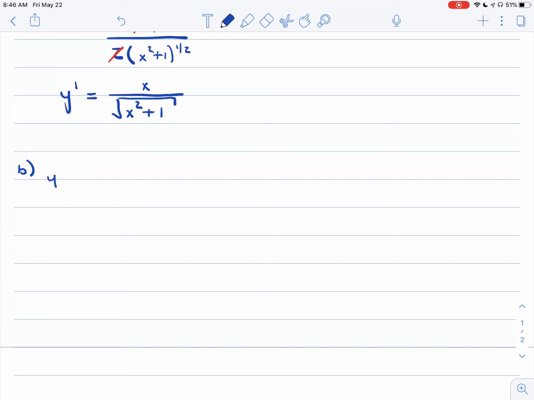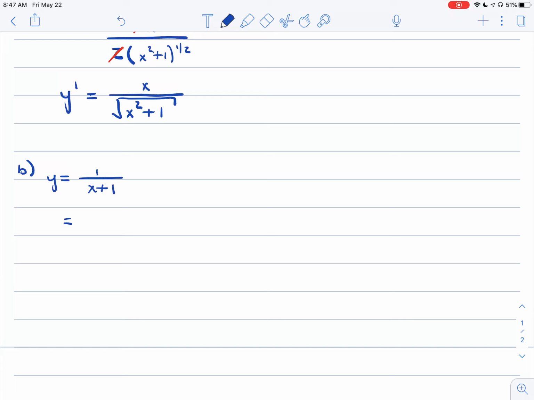Let's try y is equal to 1 over the quantity x plus 1. All right, now one way that we could take the derivative of this function would be to use the quotient rule that we looked at in the previous video. Instead of using the quotient rule on this one though, since it's only a constant in the numerator and we don't have a variable in the numerator, we can just bring the denominator up as a negative exponent.